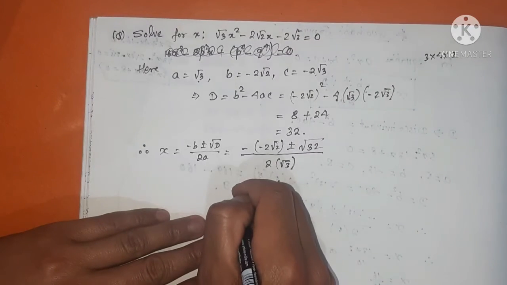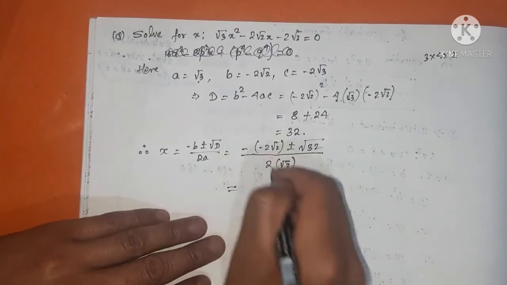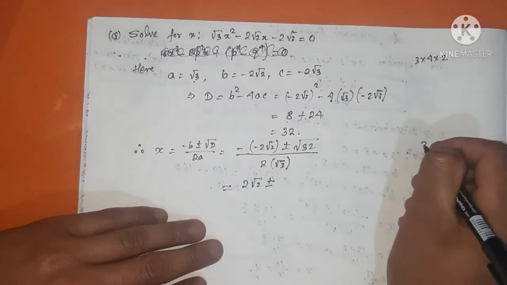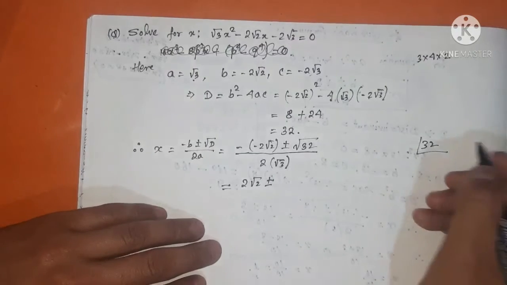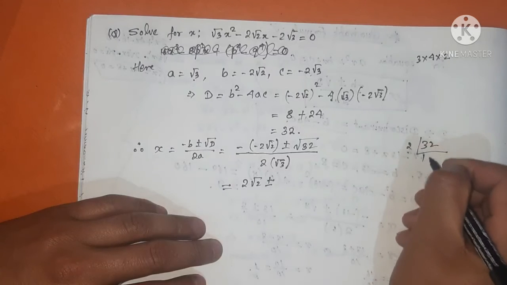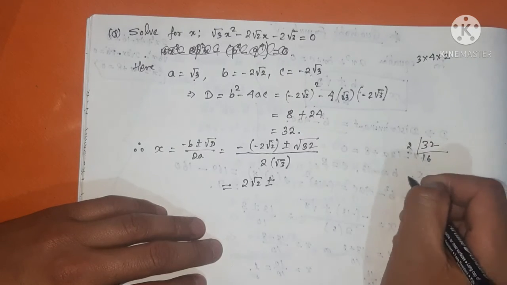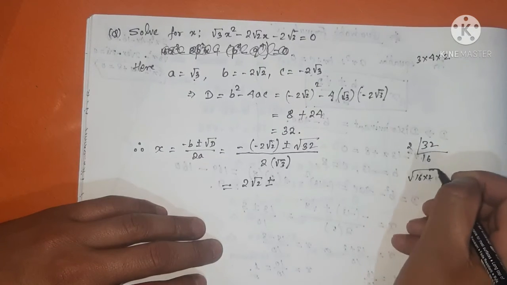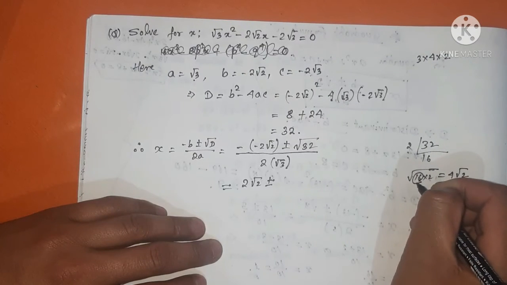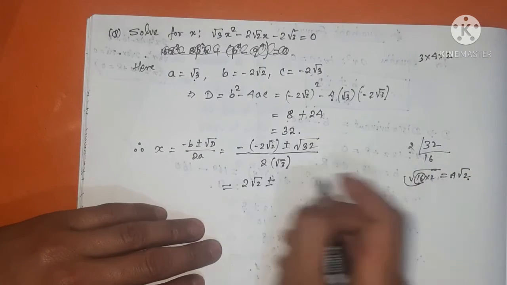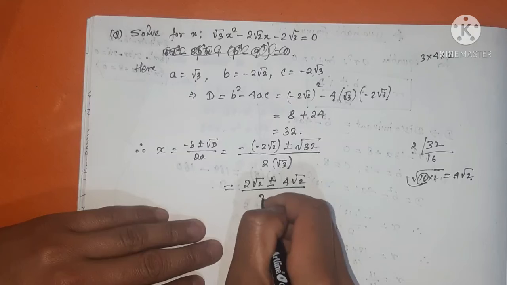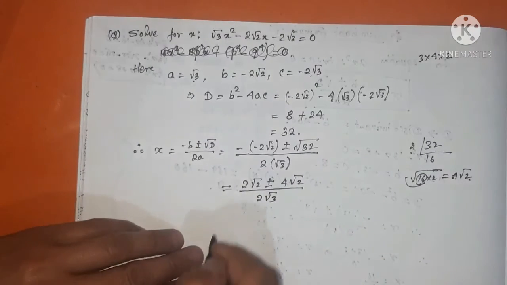Now this is equal to 2 root 2 plus minus square root of 32. If you factorize 32, you get 2 into 16, so square root of 16 into 2 is 4 root 2. This is 4 root 2 divided by 2 root 3.